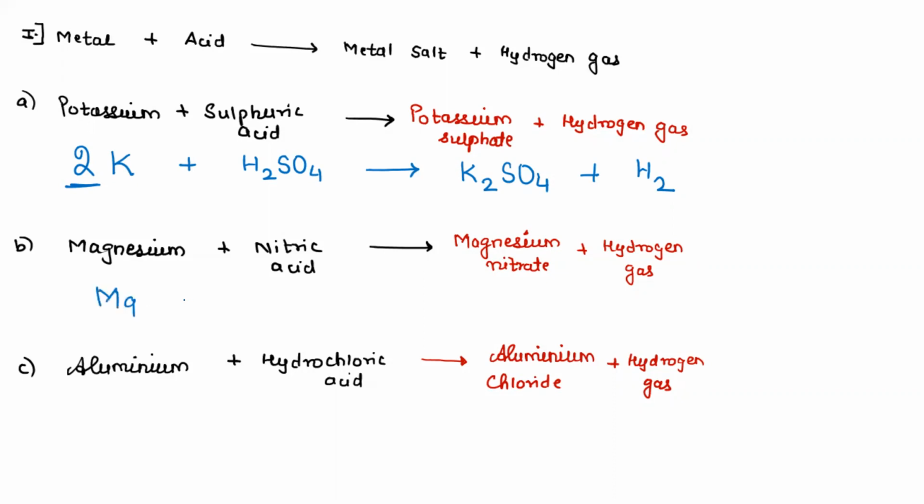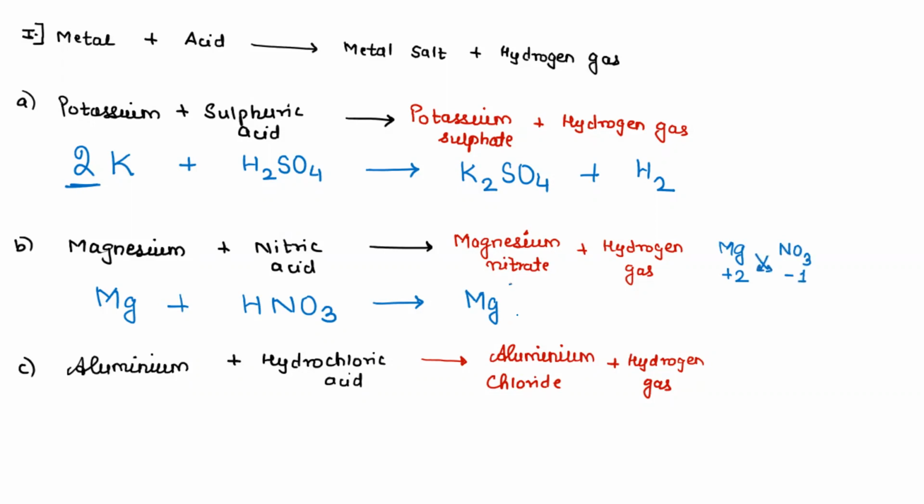Second one, magnesium plus nitric acid. So Mg plus HNO3. What is formula of magnesium nitrate? Amima, can you tell me formula for magnesium nitrate? Magnesium is +2 and nitrate is -1.